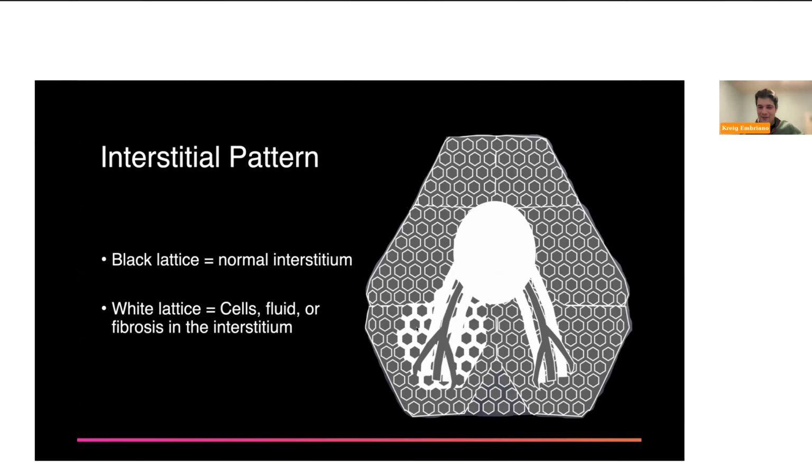Now, in reality, some of the alveoli are filled up with this stuff too. What we're doing here is oversimplifying things. We're putting things into tight boxes for our conceptual nature, but in reality, there's going to be some overlap. But for the most part, let's say it's interstitial, so it's in between the alveoli. We can still see those vessels, right? But they're not nearly as well defined. So that's the distinction between an alveolar and interstitial.